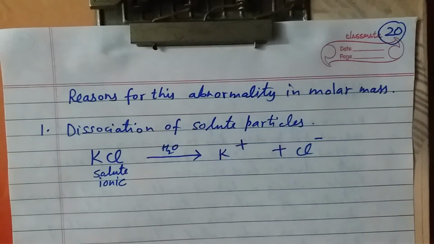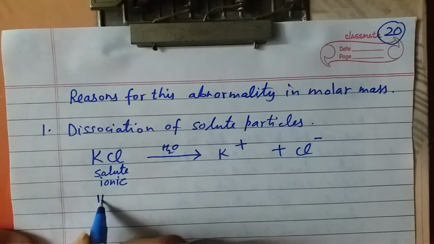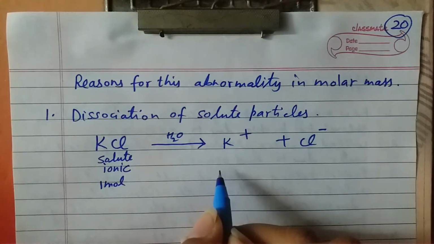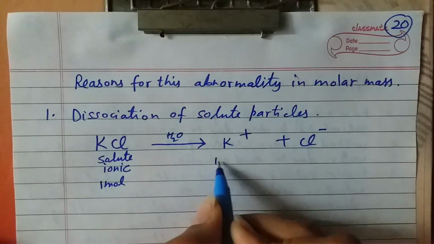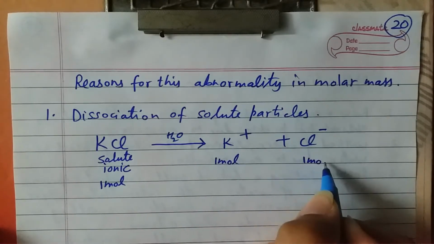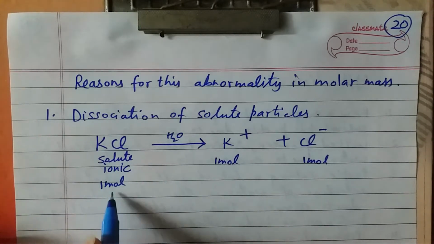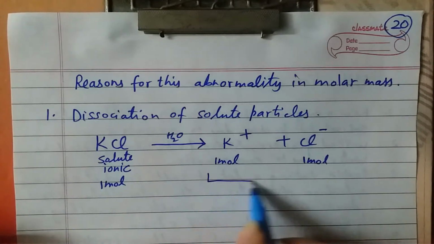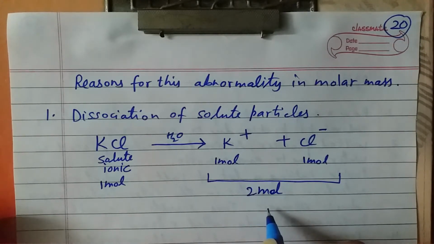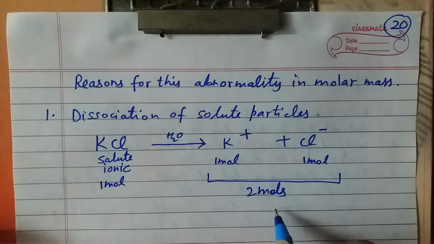Now, how many moles of KCl are taken? There is 1 mole of KCl being taken, and after dissociation we are getting 1 mole of K+ ions and 1 mole of Cl- ions. So I have taken 1 mole of KCl, but finally in the solution I am getting 2 moles of ions.